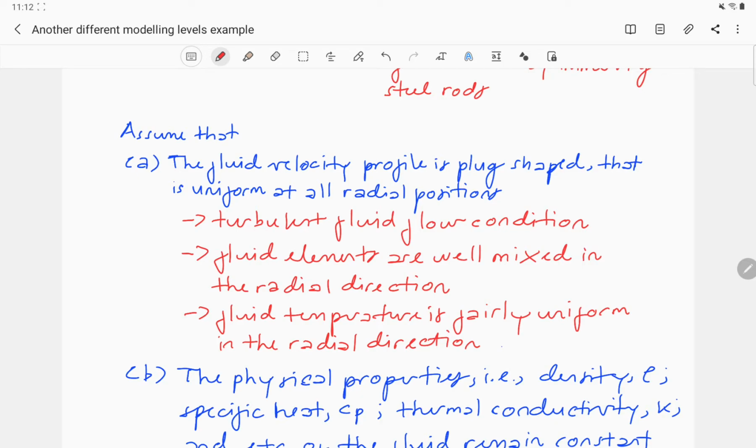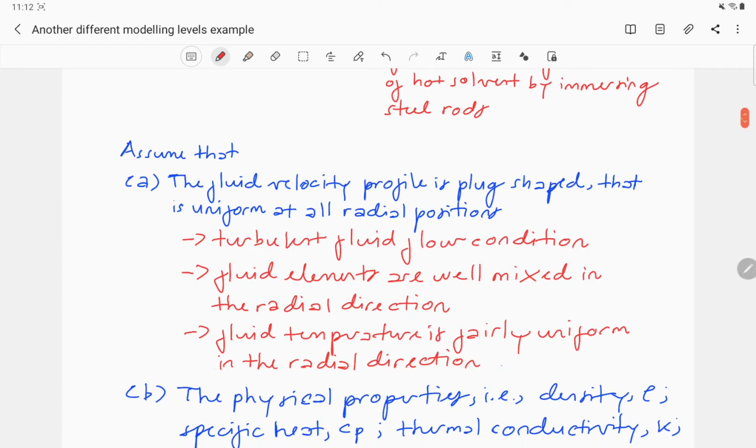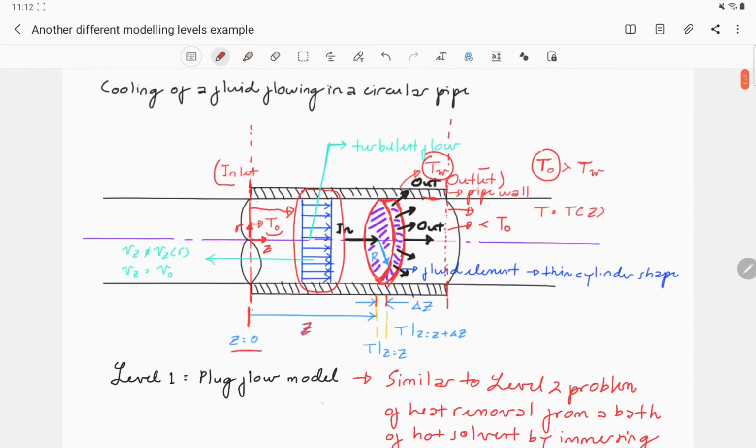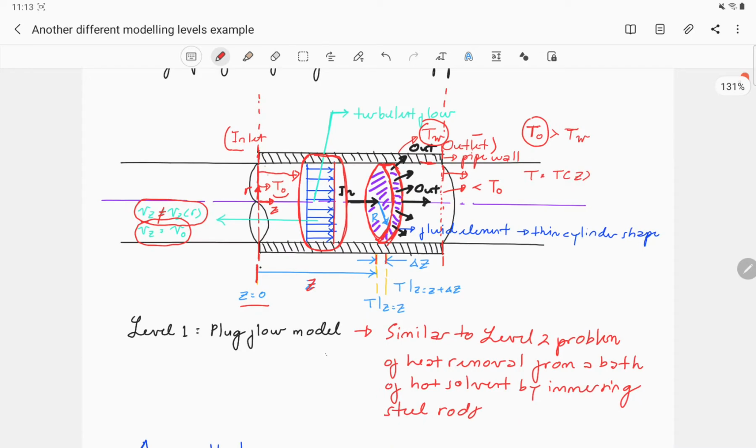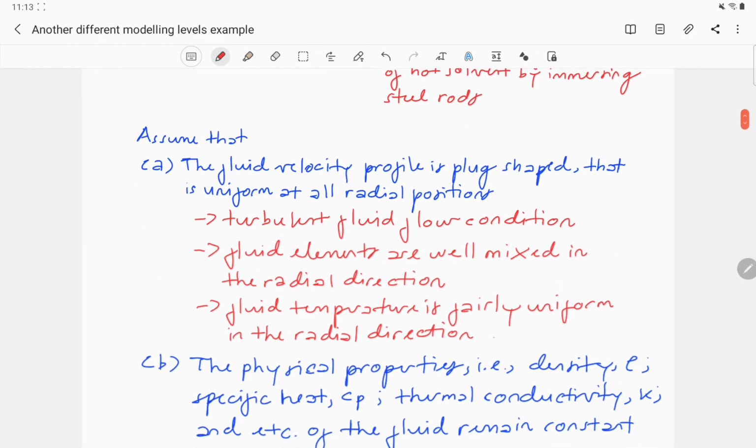As a consequence, the fluid temperature becomes fairly uniform in the radial direction. So the velocity in the Z direction, because the fluid flows from the inlet to the outlet, will not be a function of the radius. The velocity is uniform and can be taken as equal to V naught. That's the first important assumption.